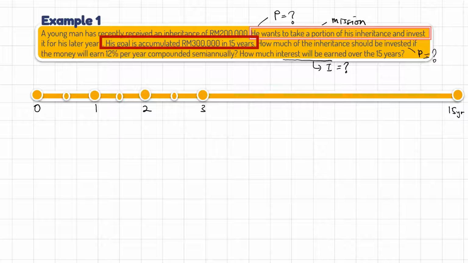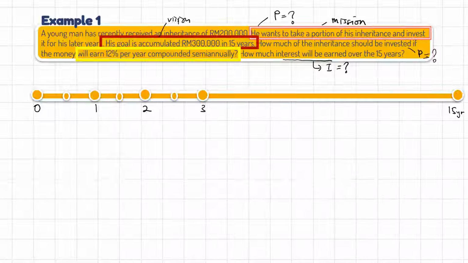His goal is to accumulate 300,000 in 15 years. So this is the vision of the young man. And then we also have the condition. The condition is 12% per year compounded semi-annually, which means that in 1 year the rate will work for him twice.